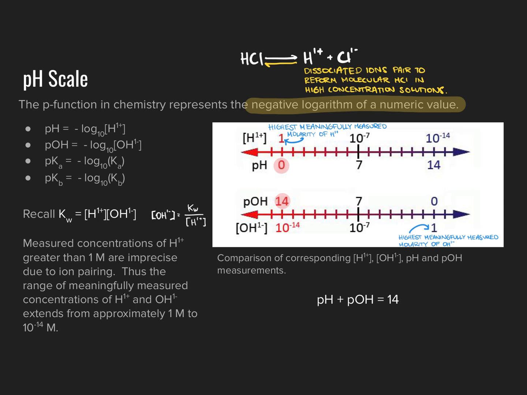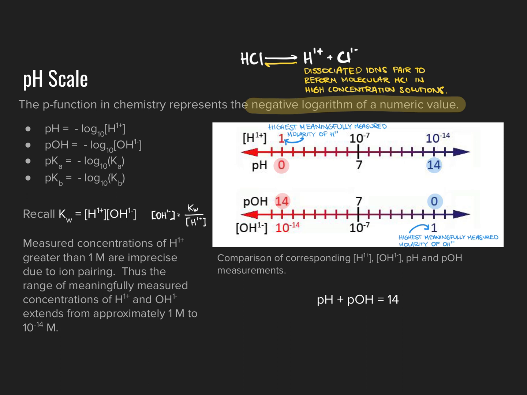Now we could go through the same thought process as we look at a solution in which the hydrogen ion concentration was as low as it possibly could be within solution. That is to say, within a solution whose hydroxide concentration was 1 molar, we would expect to see a hydrogen ion concentration of 10 to the negative 14th molar. And therefore, we would get corresponding pH and pOH values in this solution of a pOH of 0 and a pH of 14.